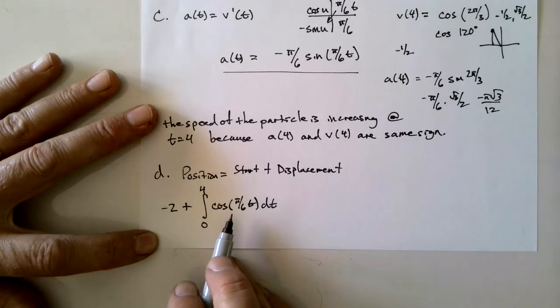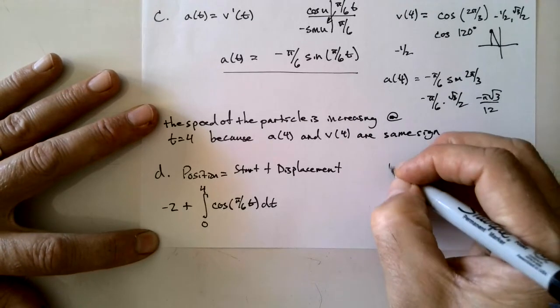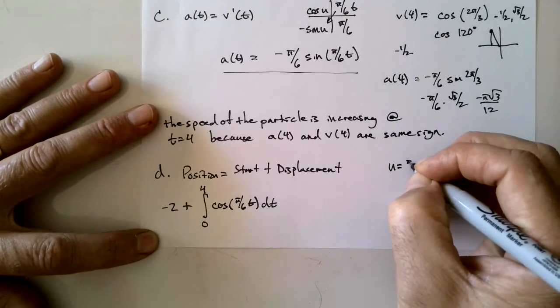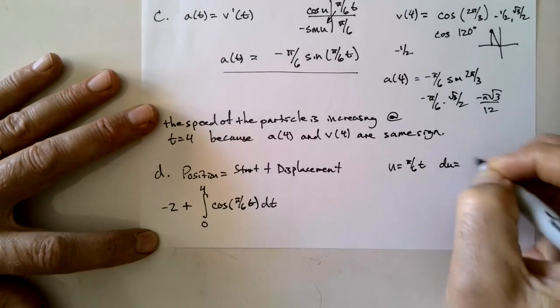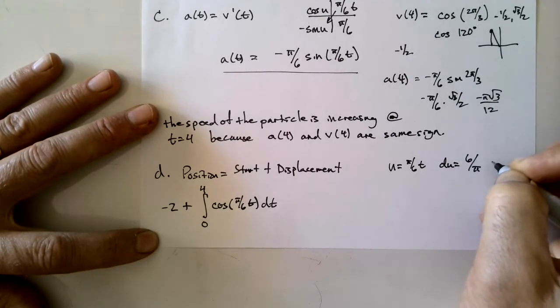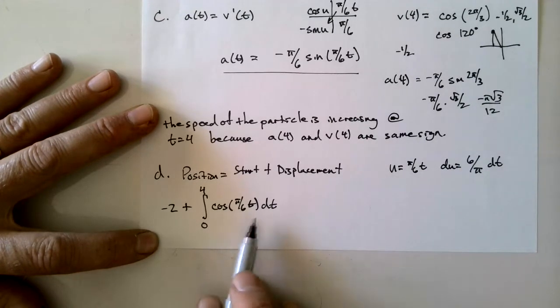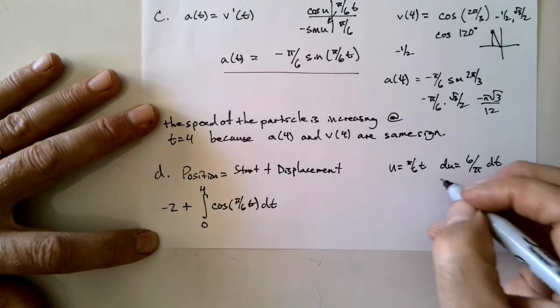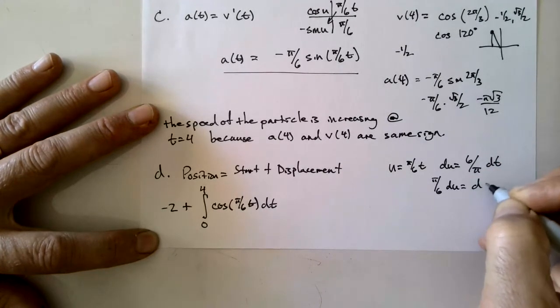So I need to find an antiderivative. In this case, I have to use substitution. U is equal to pi over 6 t, so du is equal to pi over 6 dt.